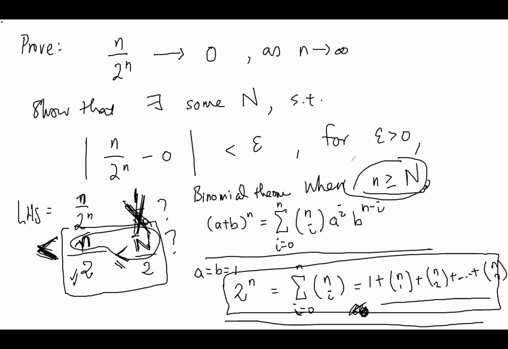The index n is greater than or equal to big N, right? Because if you set the inequality like this, it implies that your n is less than or equal to big N. So although you get a nice bound for n over 2 to the n, it doesn't work in this case.